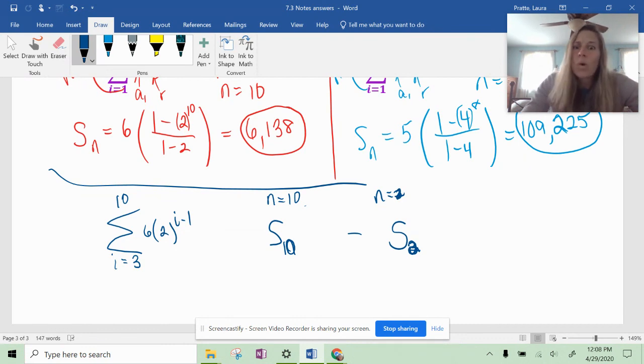So the first 2 we don't want, so we subtract them out. I don't think I gave you any of those on the quiz, but just in case one pops up on the homework, that's what you would have to do.